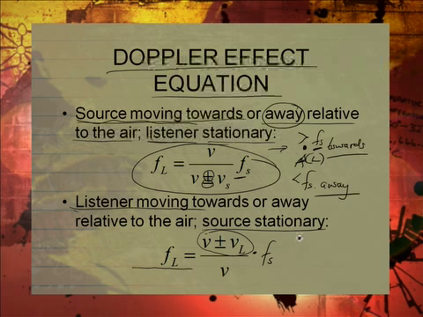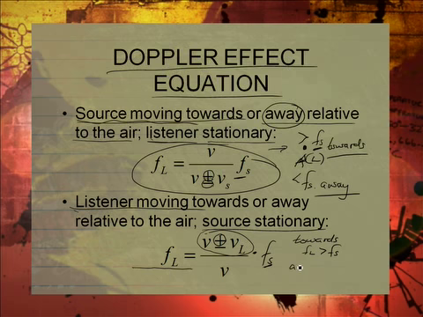If the listener is moving towards the source, we expect the frequency of the listener to be greater than the frequency of the source. For that reason, we are going to take a plus up there so that we have a bigger value for this fraction, which will give us a greater observed frequency than the frequency of the source.